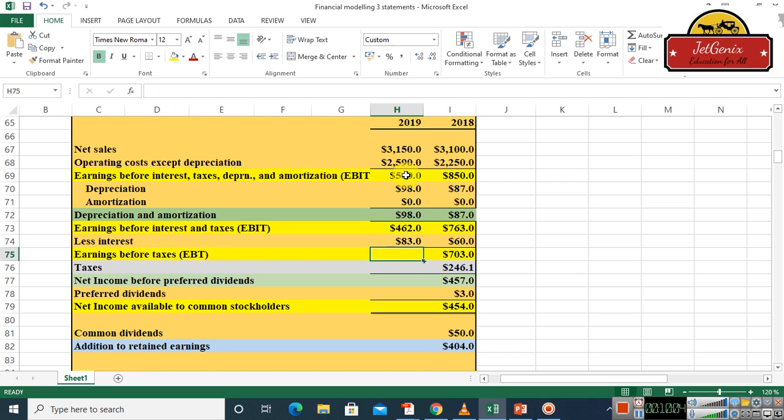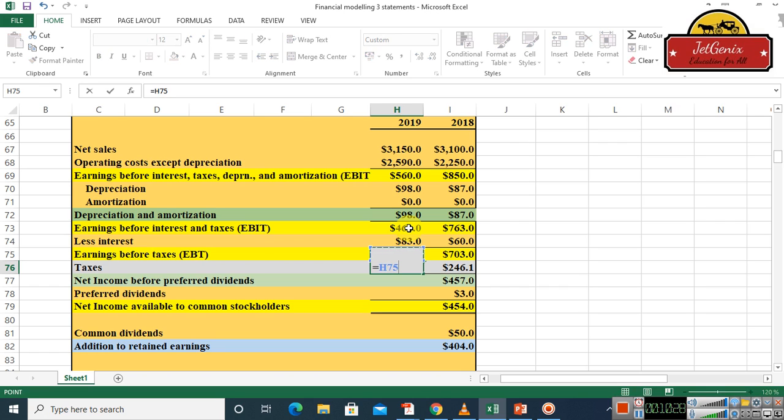So here I am going to calculate the earning before taxes, which is equivalent to EBIT minus interest expense, and the earning before tax is equivalent to $379.